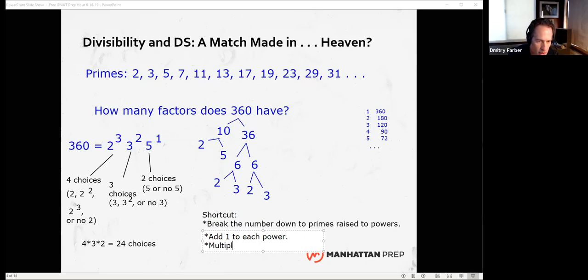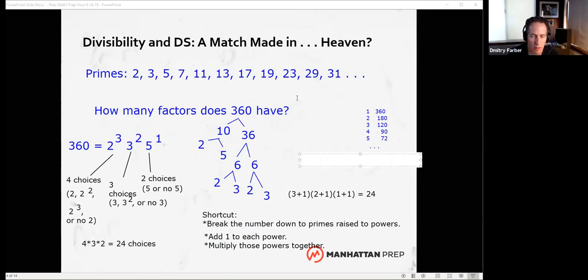Multiply those powers together. See how I did that? I just said, all right, I've got 2 to the 3rd. That's going to be 3 plus 1. And I've got 3 squared. That's going to be 2 plus 1. And I got 5 to the 1. That's going to be 1 plus 1. That's 24.